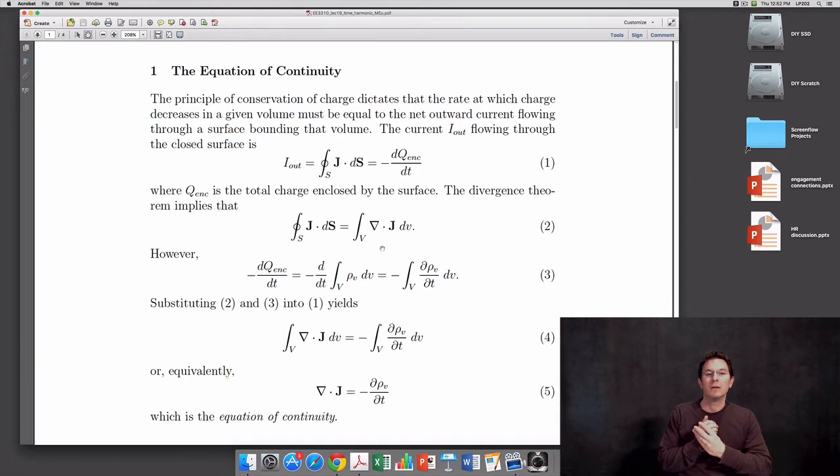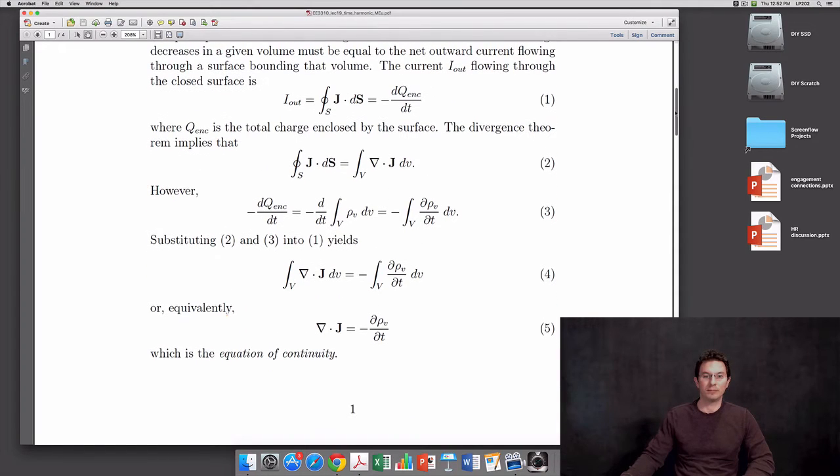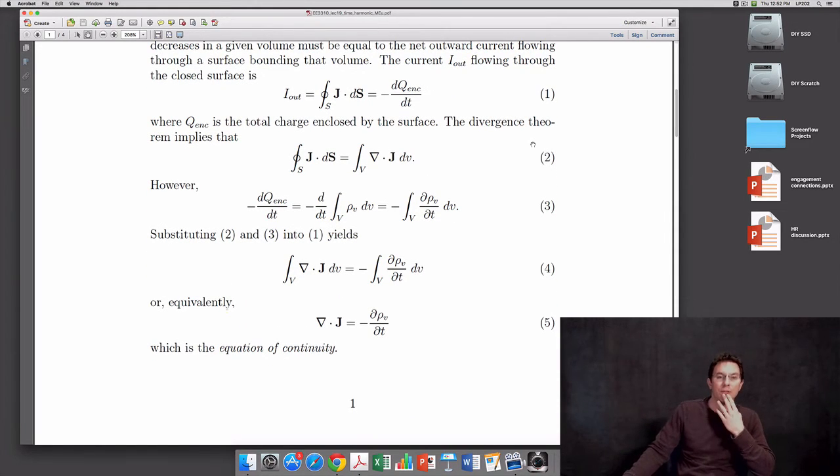Okay. All right. Well, what else can we do that may help us understand this a little bit better? One observation that we can make is that the total charge Q enclosed is equal to the integral of the volume charge density rho sub v throughout that particular volume.